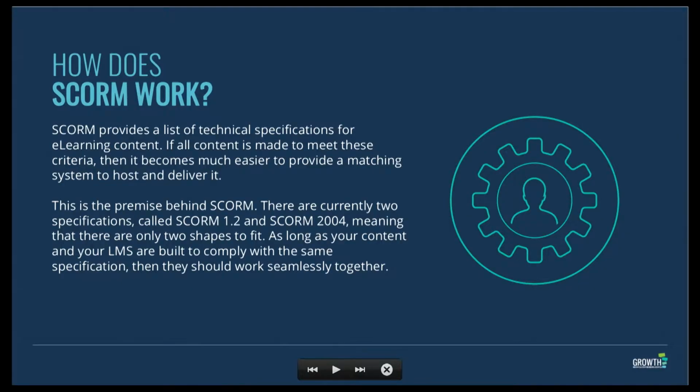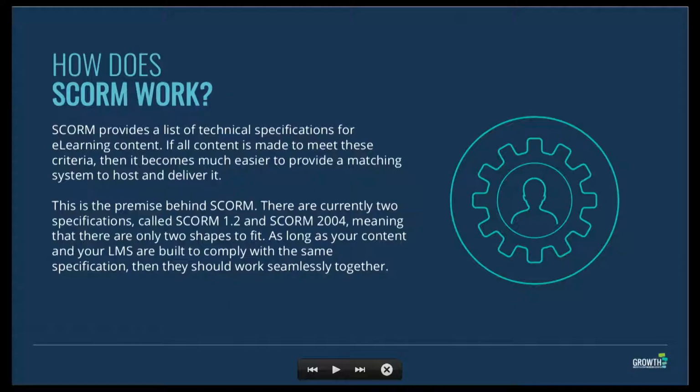The way SCORM works, very simply, is that it has a list of technical specifications. These technical specifications are all the things that the unit of learning can report on. Content can be made to meet all of those specifications or some of them.